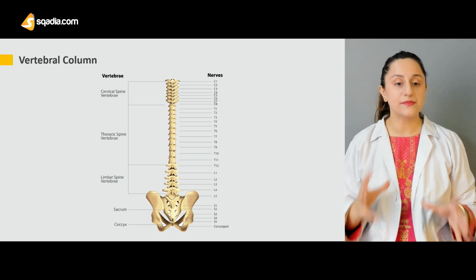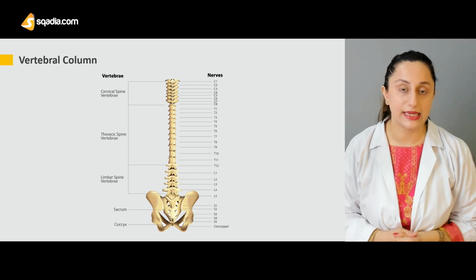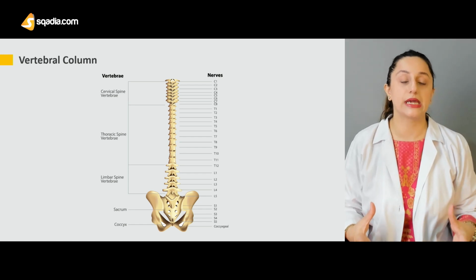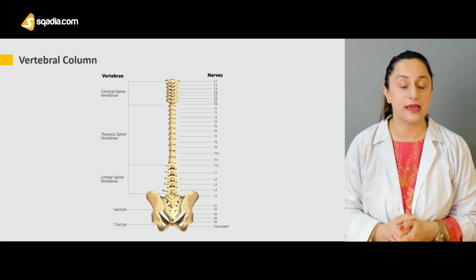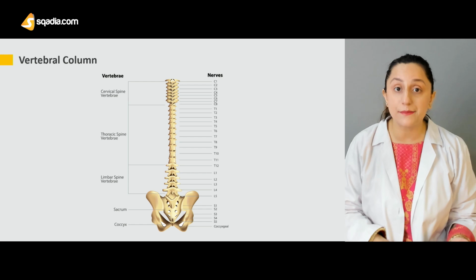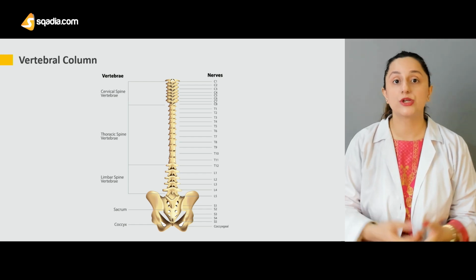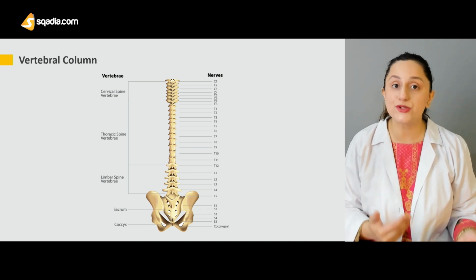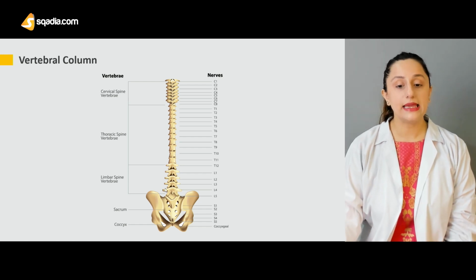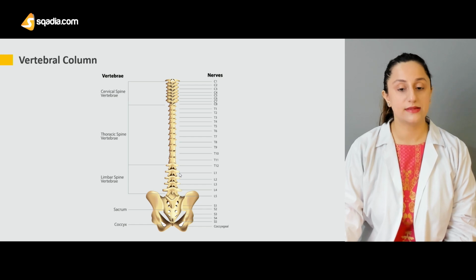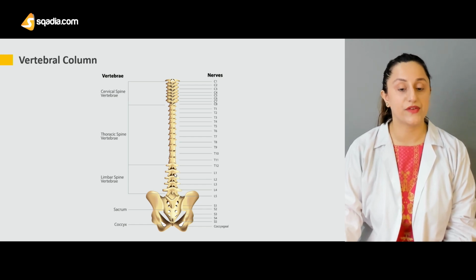Now, this is something which is very important when you're working as a physician or in path labs, and you want to take samples of the CSF and send them for cultures. You must know where the spinal cord is going to end. In adults, the level where the spinal cord ends is almost at the level of L1, and in children, it's almost ending at the level of L3.